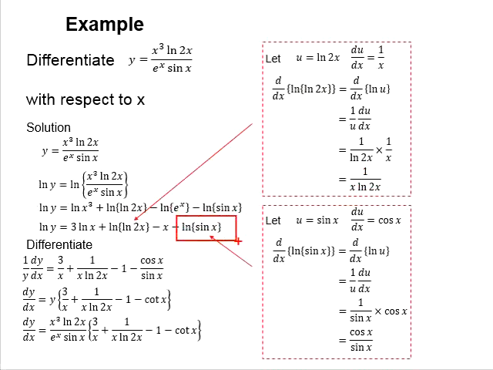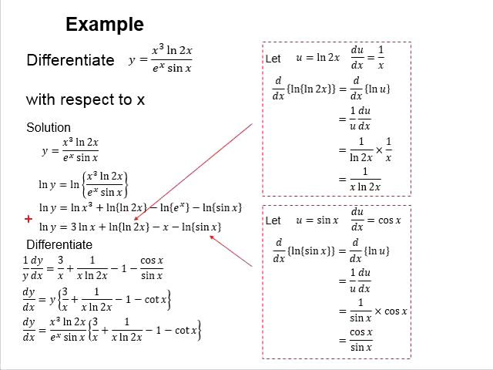For the term here, let u equal sine x, differentiate it, you get cos x. Ln sine x will be rewritten into ln u, which after differentiation will be 1 per u du dx. Substitute the du dx and substitute u equals sine x, you will get this, which is the cotangent.